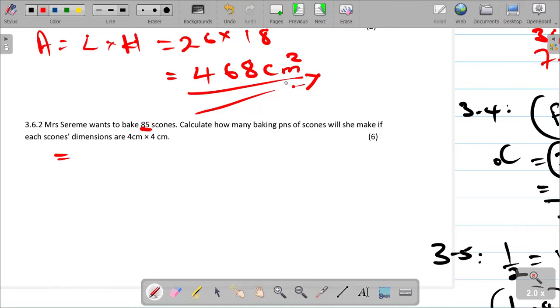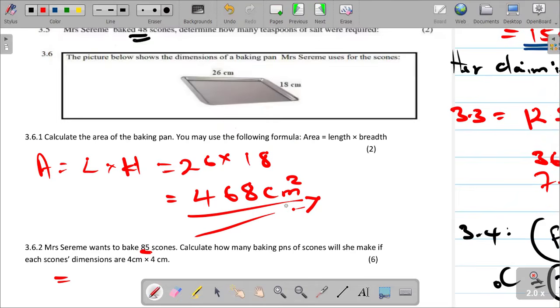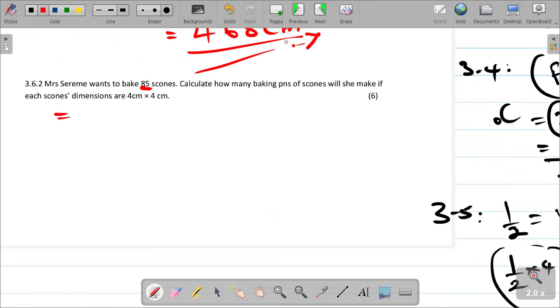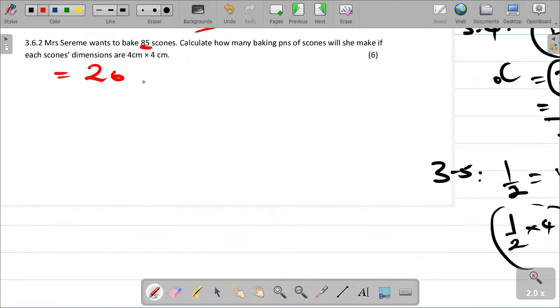Our length is 26 and the scone is 4 by 4, so 26 divided by 4 gives us 6.5. 6.5 is the number of scones that can be there on the length.